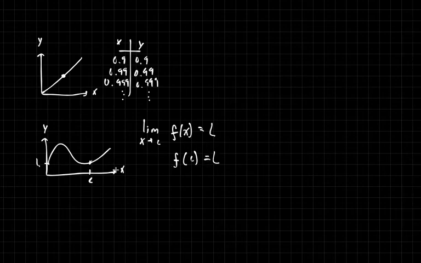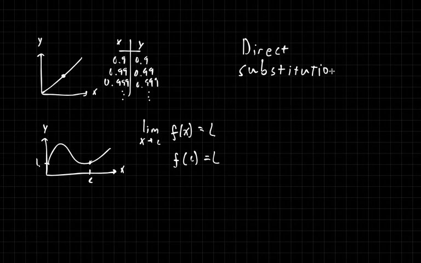It's just in this particular case, they happen to have the same output, which is L. But actually, it turns out that for many, many cases, this is true, where you have an input and an output, and then the limit as x approaches that input equals the same output. So we can use this to our advantage and create a strategy called direct substitution.